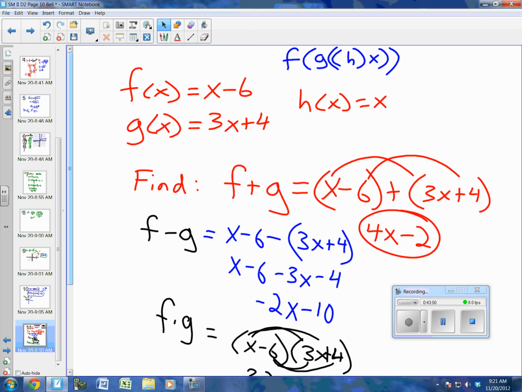I should have switched it up a bit, huh? I made it too easy. There's a problem like this on the test. Okay, you guys? So you need to know how to put them all in the function.